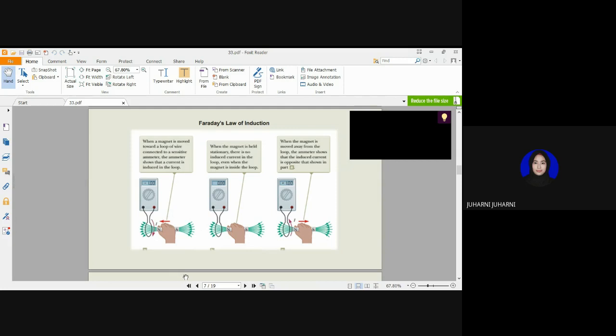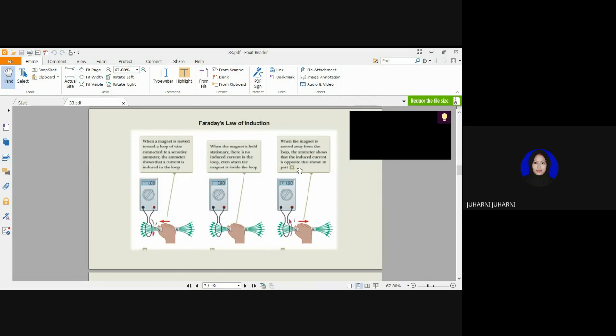This is also the slide about Faraday's law of induction, but here we can see that when a magnet is moved toward a loop of wire connected to a sensitive ammeter, the ammeter shows that current is induced in the loop. When the magnet is held stationary, there is no induced current in the loop, even when the magnet is inside the loop.